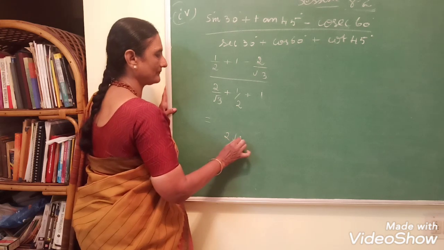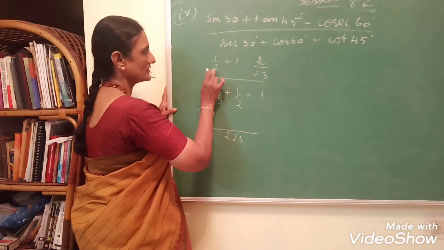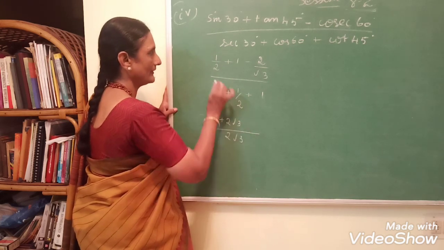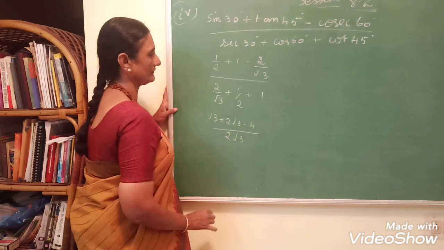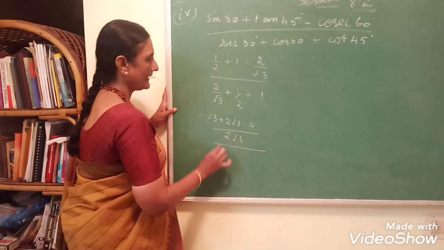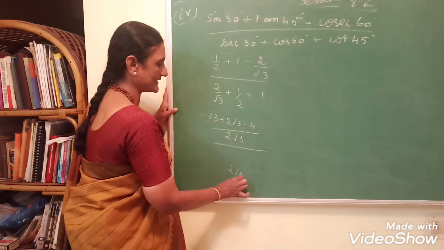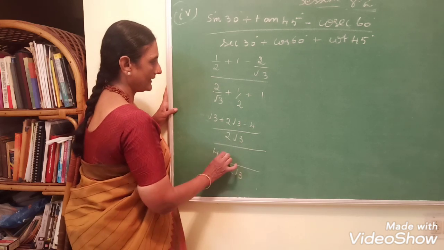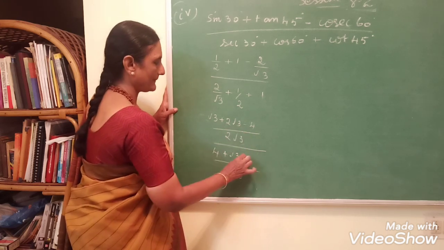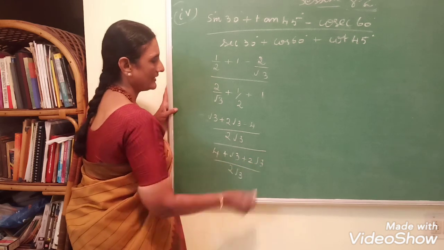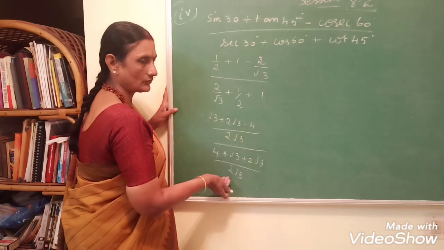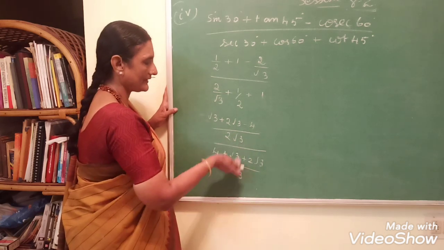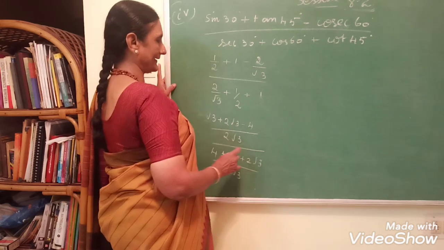2 root 3 for the numerator. So here root 3 plus 2 root 3, 2 2s are 4, minus 4. So divided by, and here it is 2 root 3 once again. That becomes what? 2 2s are 4, and then plus root 3 plus 2 root 3. So the 2 root 3 in the numerator and denominator will get cancelled.